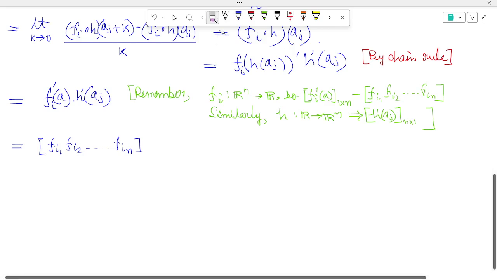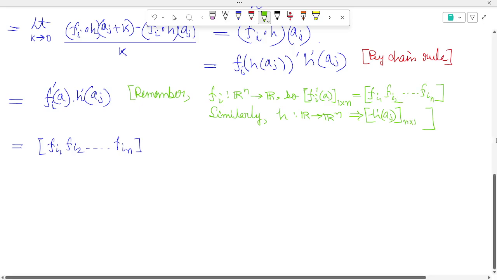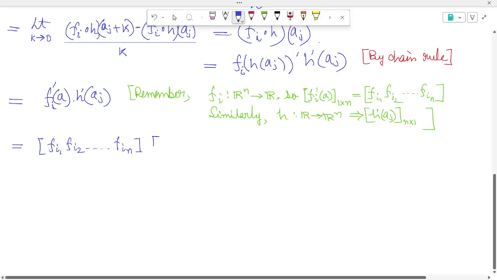This is f_i1, f_i2. And h dash a_j, I know the structure of h.